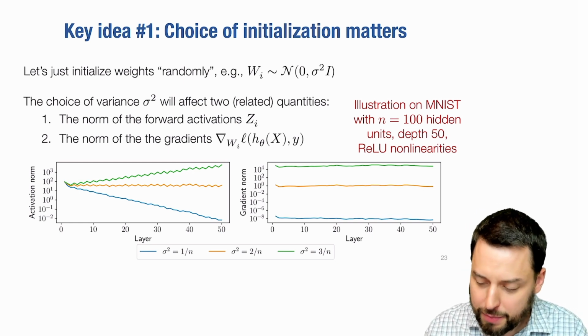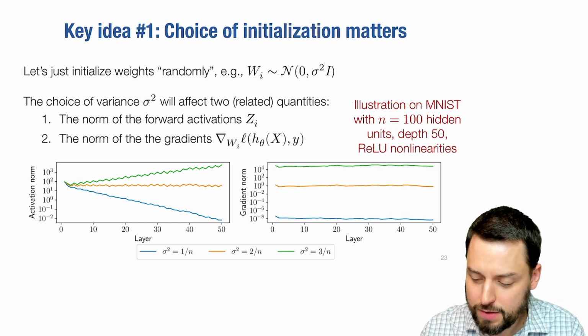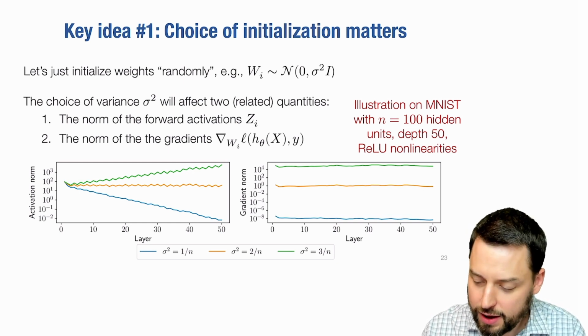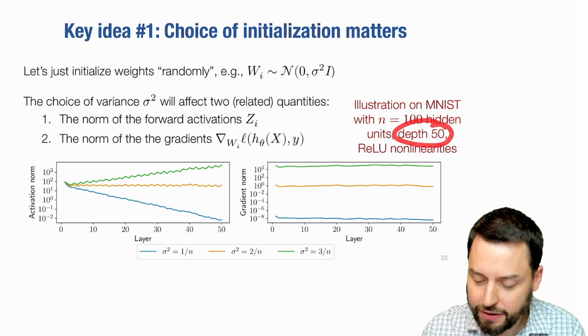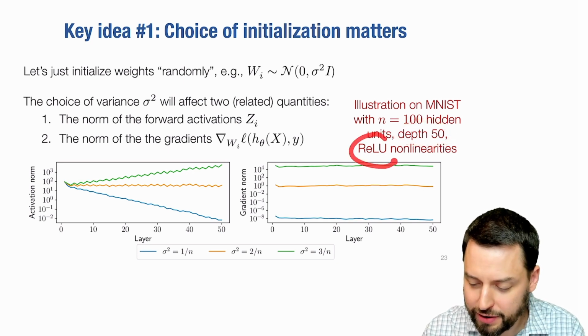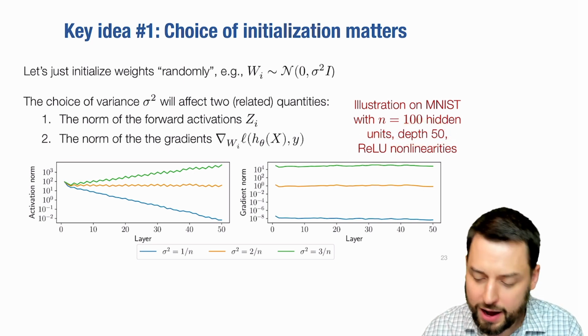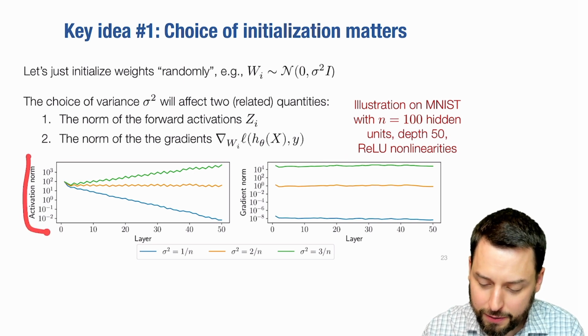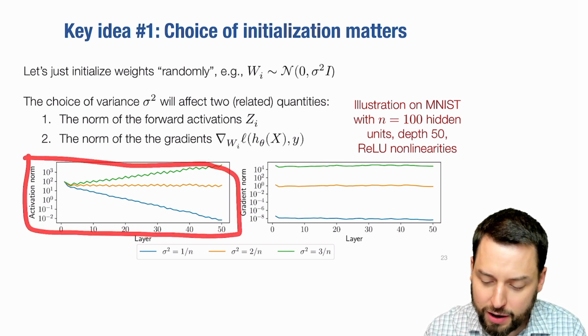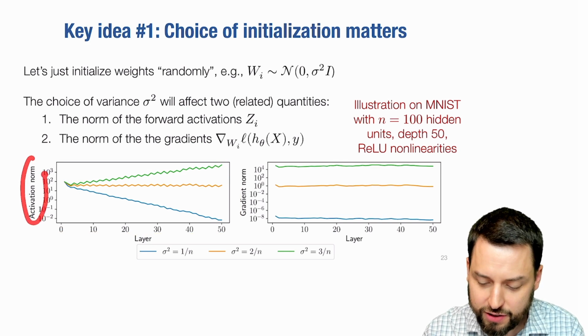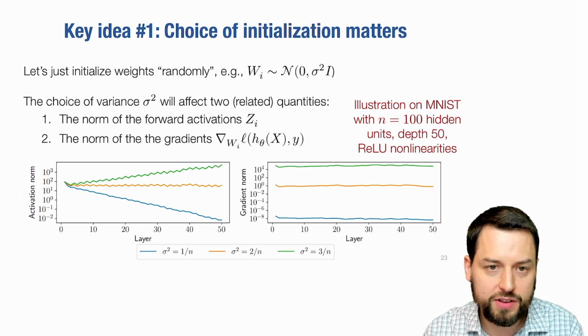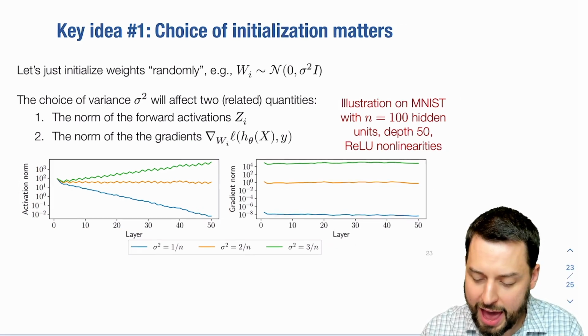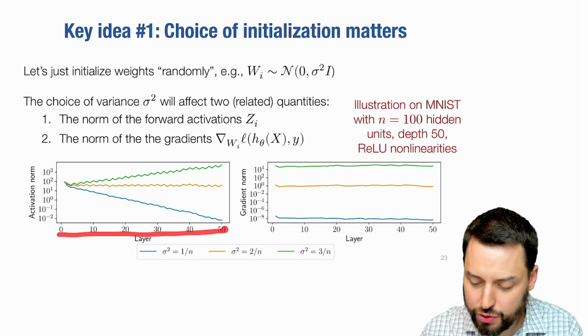To illustrate this, I'm going to show an illustration on MNIST with 50 layers and ReLU nonlinearities. In this plot, what I'm plotting is the norm of the activations, the norm of the z_i terms, as we progress through the layers of this network.